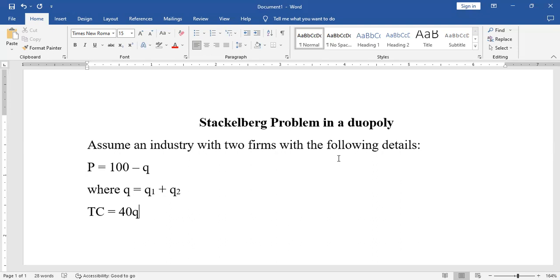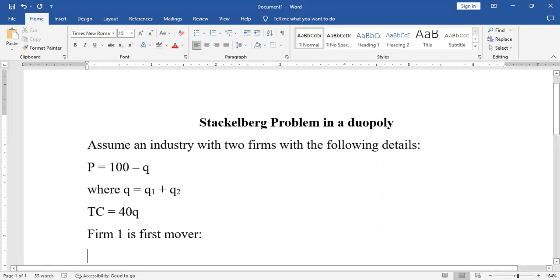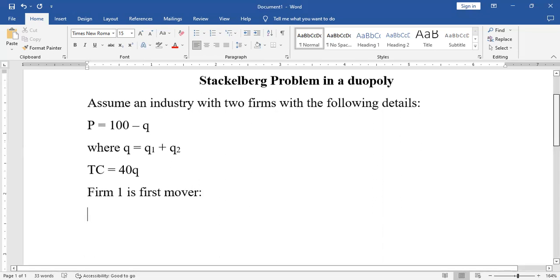All right. So the first thing to do is the assumption that firm 1 is the first mover in the industry. If firm 1 is the first mover, the best we can do is to develop the reaction function for firm 2.